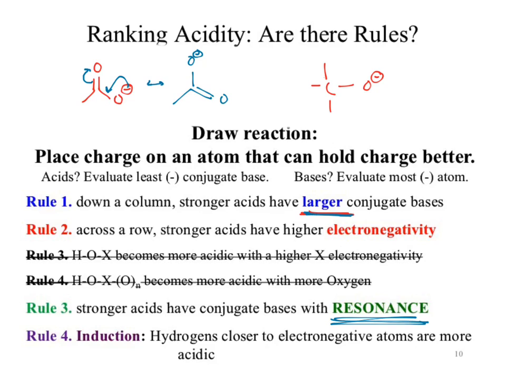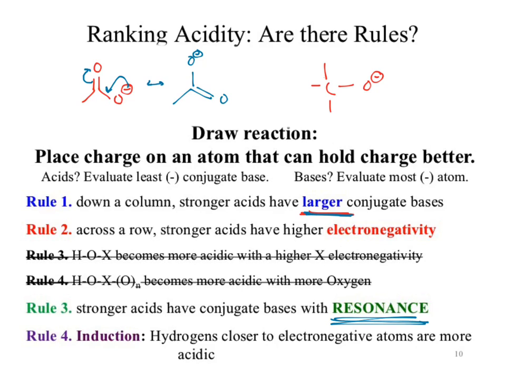Why would I look at the atom first? Well, the atom's where the charge is held. It makes sense to look closest to the charge first. When we move to the induction effect, hydrogens that are closer to electronegative elements are more acidic. Why is that the same as Rule 2? Rule 2 says stronger acids have higher electronegativity. Why?